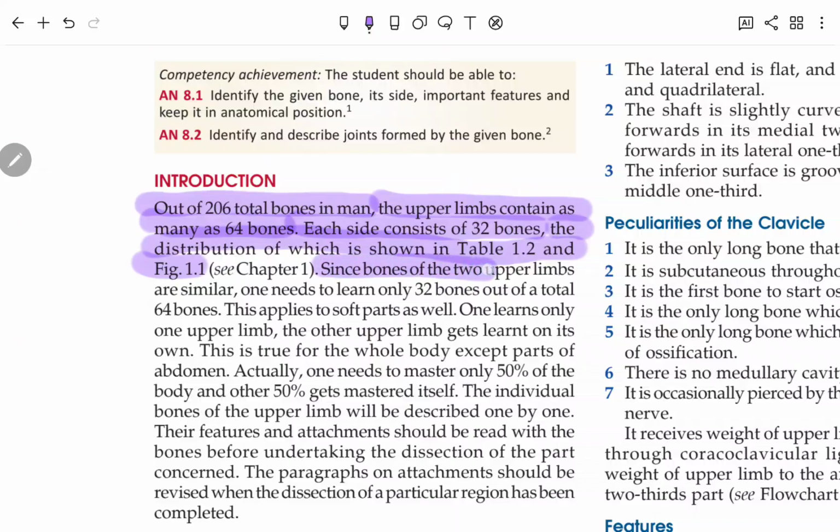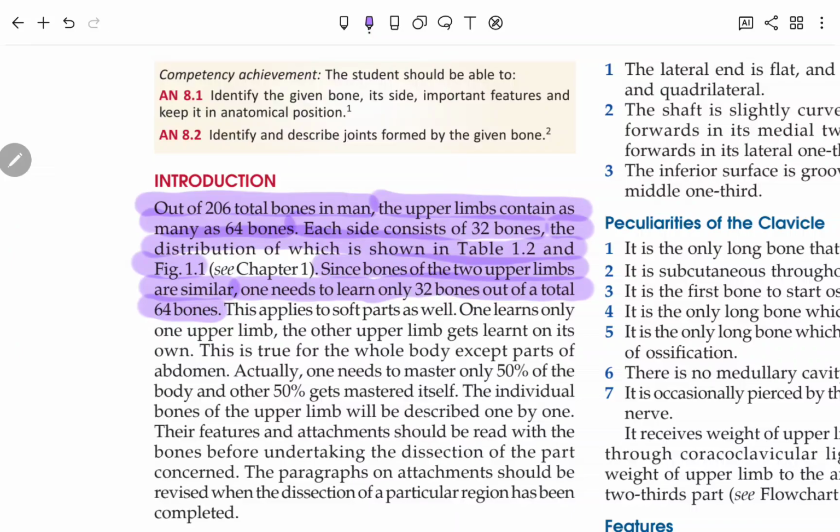Since bones of the two upper limbs are similar, one needs to learn only 32 bones out of the total 64 bones. Like we have the same bones on both sides of the body, the left side and the right side. So we need to master only one part because it's all symmetrical.